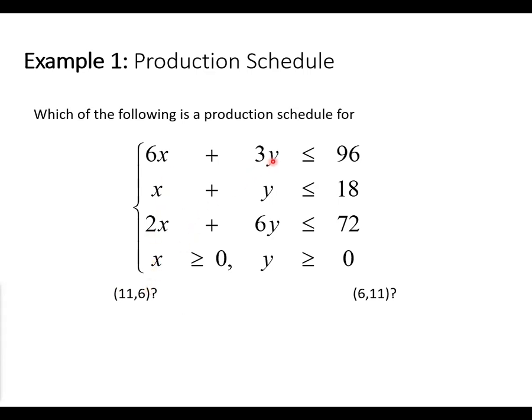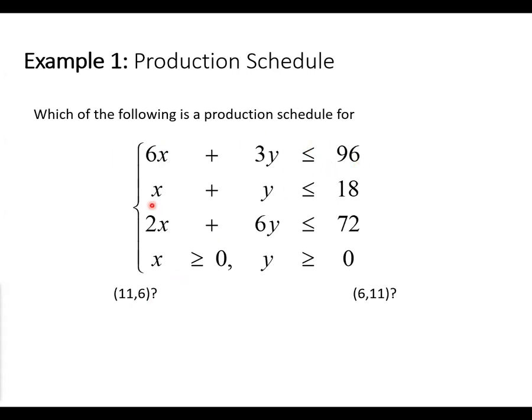If we take 11 and 6, 11 goes in for X and 6 goes in for Y. This does satisfy our constraint because 11 times 6 is 66, and 3 times 6 is 18. If we add those together, 66 plus 18 is 84, which is less than or equal to 96.